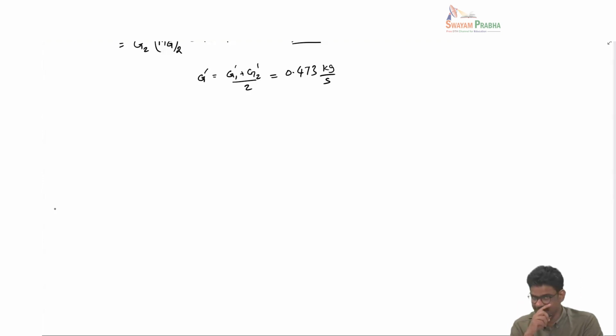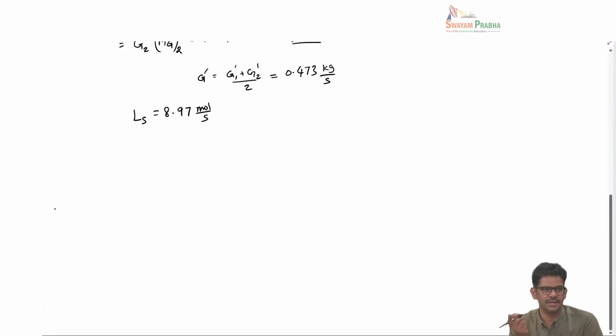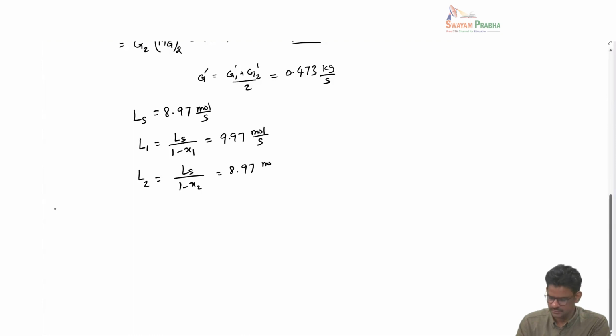Now I'm going to do the same thing for the liquid flow rate. LS is obtained as 8.97 moles per second, again from the previous problem. L1 becomes 9.97. L2 is LS by 1 minus X2, and X2 is 0 in this problem anyway.